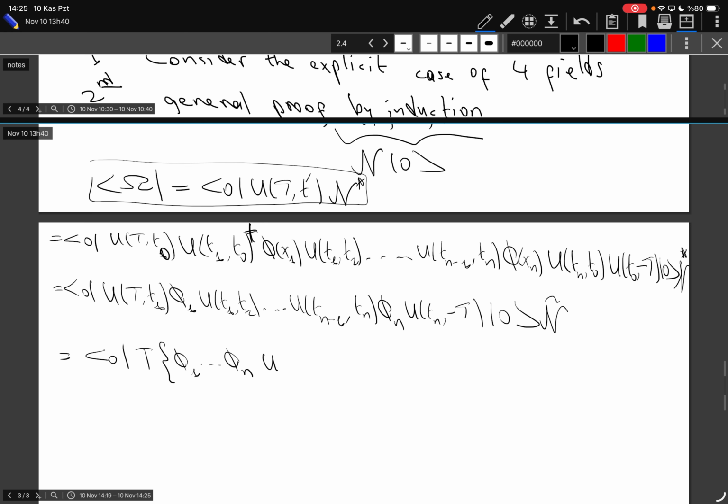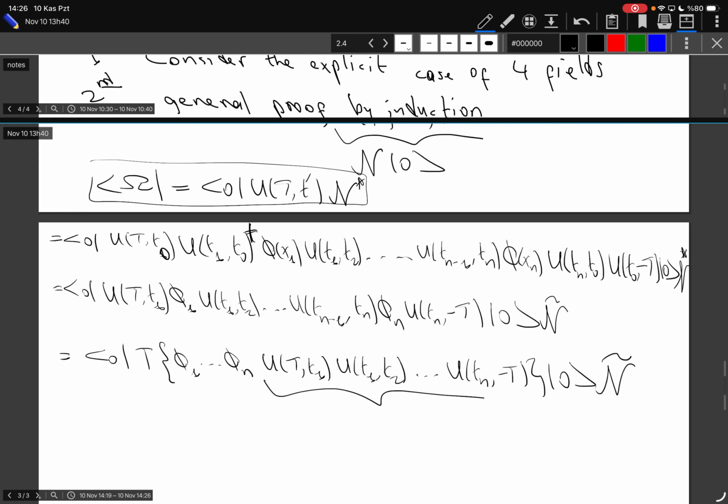So I end up having u of T, t1, u of t1, t2, u of tn, minus T. Well, this product, I don't assume that T1 minus T2 is small or not.